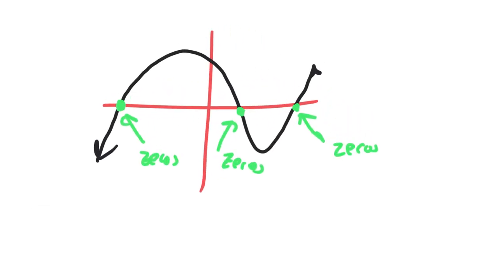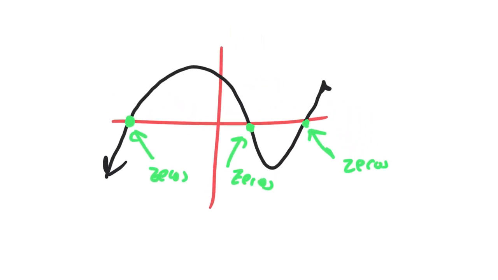Now, let's make an interesting mental note. If you have a negative y coordinate, you have a point with a negative y coordinate down here, and then all of a sudden you have a point with a positive y coordinate.